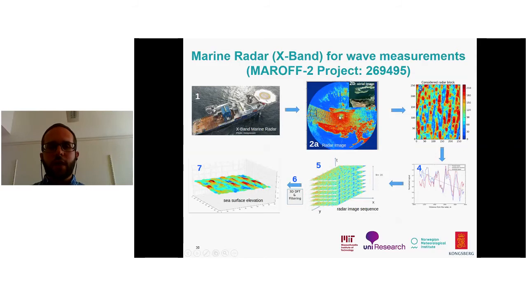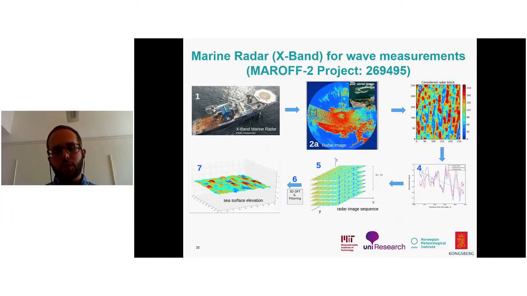So the method is to select one area, one block, as we see in figure 3. After that, there is some application of calibration of the radar image intensity. Then we take a sequence of, for example, 16 or 32 or 64 radar images, and make the 3D FFT with some filtering to get only the wave-related signal.